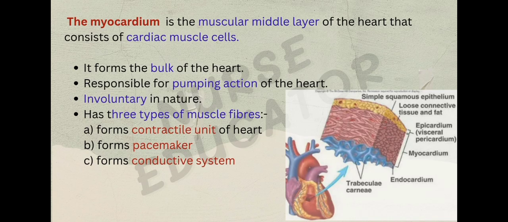Conducting system in the sense the electrical impulses carried by the SA and AV node are now transferred towards the whole heart, like by the Purkinje fibers. All the electrical impulses are carried by this conducting system of the heart. You can see in the picture the myocardial layer.